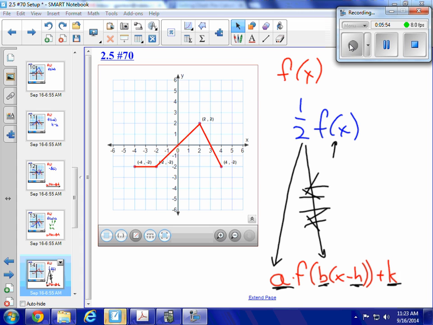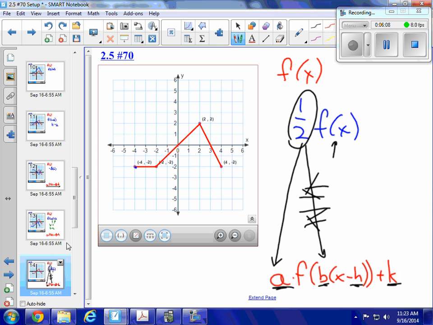It is only affecting my y value, and it's making my y value 1/2 of what it was on the parent function. So my y value of this point was -2. 1/2 of -2 is -1. My y value on this point was -2. 1/2 of -2 is -1.